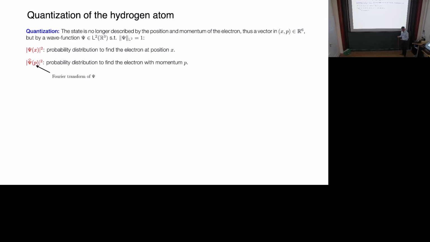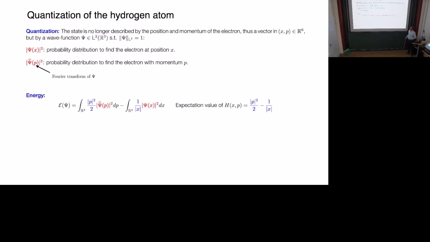And this ultimately, with a bit of probability theory, gives the Heisenberg uncertainty principle. You cannot choose independently what happens in space and in momentum. They are coupled through the same wave function, with the modulus square of psi and the modulus square of its Fourier transform.